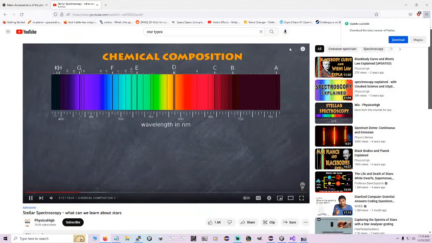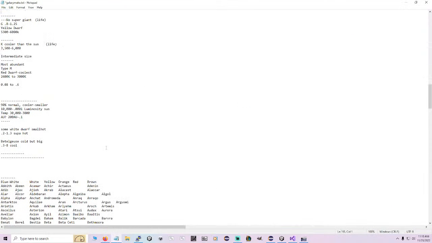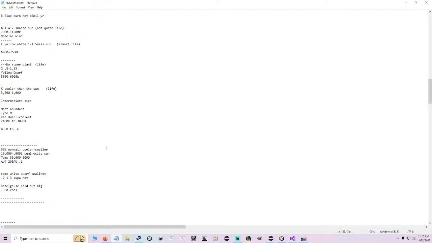So, for example, if we look at G over here, we look at F over here, and C over here, these are all lines that are associated with hydrogen. And that's not surprising because our star is ultimately mainly hydrogen. If we look at these sets of lines here, that's indicative of helium. And again, that's not surprising because hydrogen is being fused into helium.